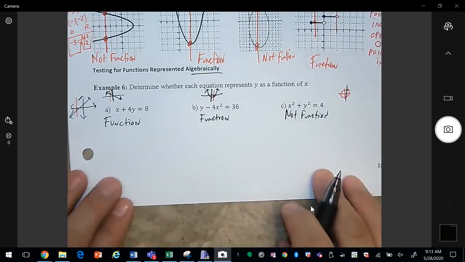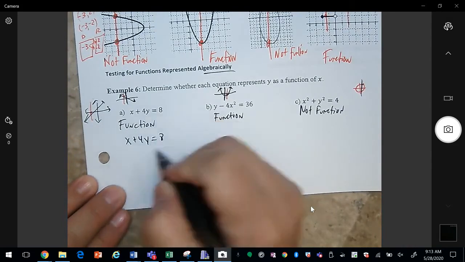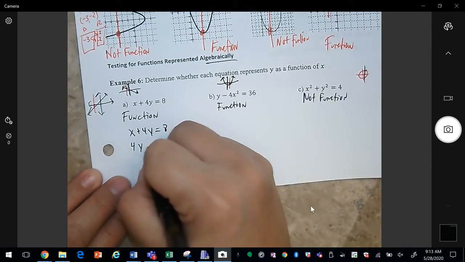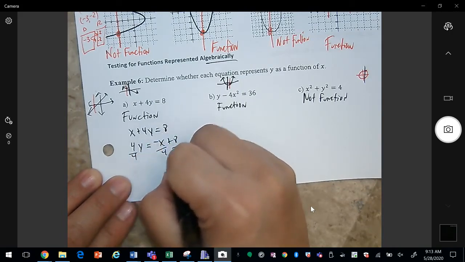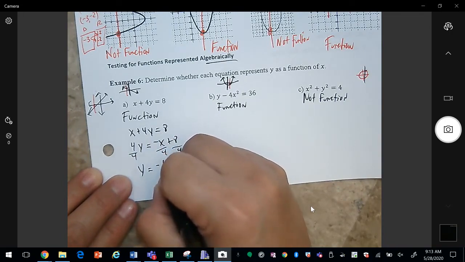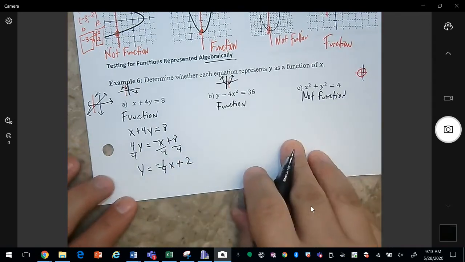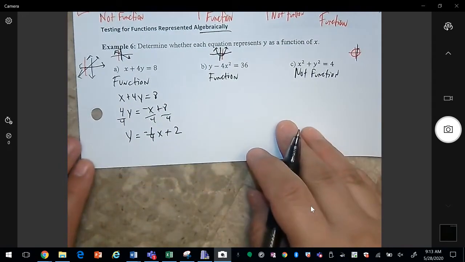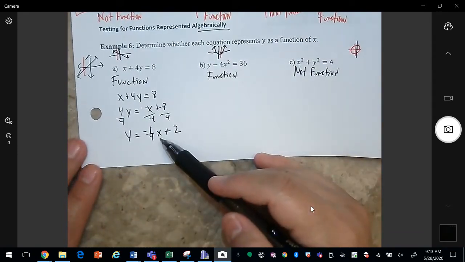Now, algebraically, what you want to do is first solve for y. So I'm going to subtract x on both sides and divide by 4. So y is equal to -1/4 x plus 2. Then what you want to do with this result is ask yourself, for whatever value I put for x, is it going to give me one output?